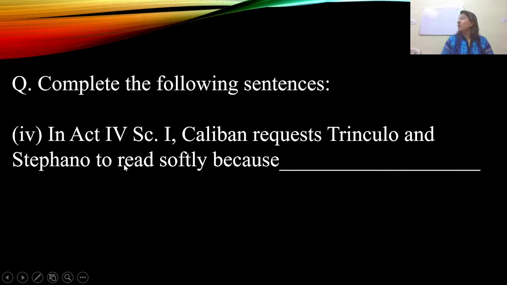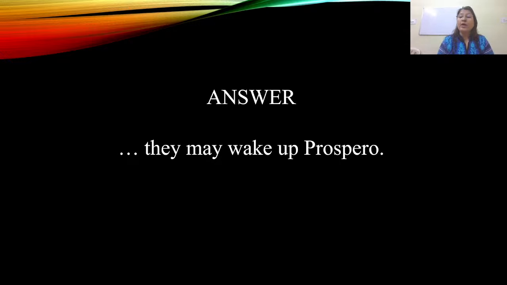To tread softly. So, tread means walk. It is wrongly written here to tread softly because they may wake up Prospero. He especially brought them at the time when Prospero is asleep. And he doesn't want them to disturb him, so that he is woken up and their whole plan will be spoiled.